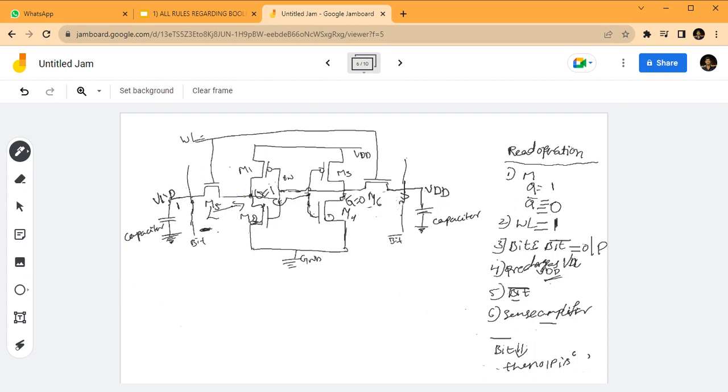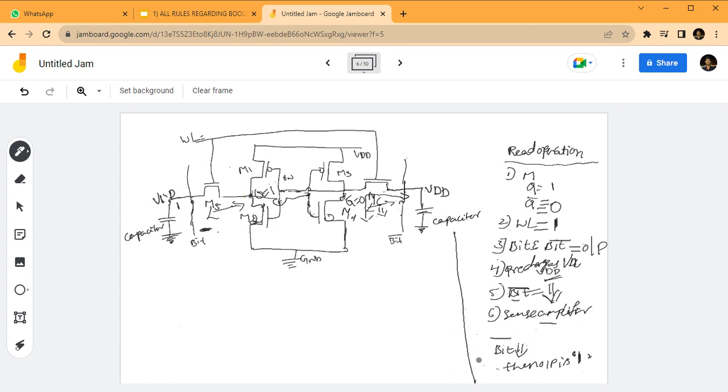Then there is a voltage difference between them, so it is possible for current to flow. So the voltage discharges through M4, then the bit bar voltage decreases. Considering a sense amplifier, it acts as a comparator. It compares the bit bar value and bit value. Then the bit bar value decreases, then the output will become 1.